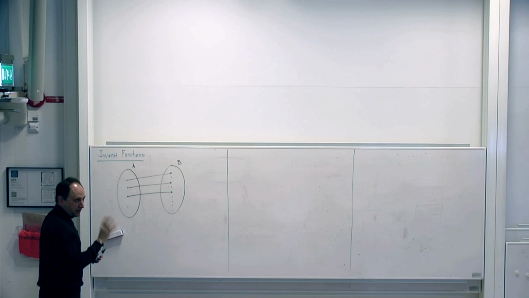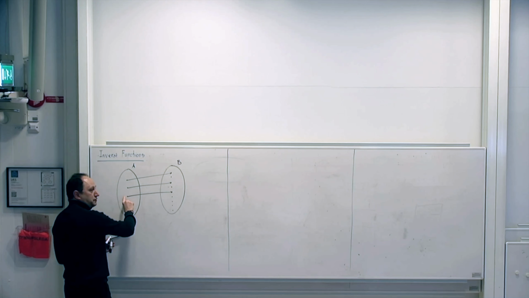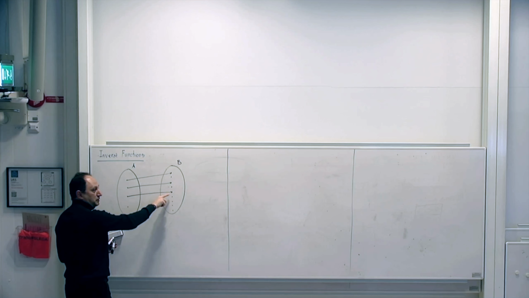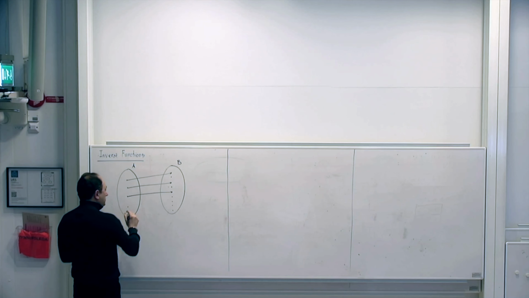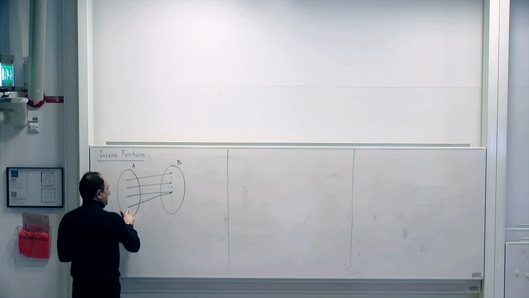Yes? That was the idea of having a function. But nothing prevents me to assign two different elements to the single element. For example, here, I can also assign this element to that one.